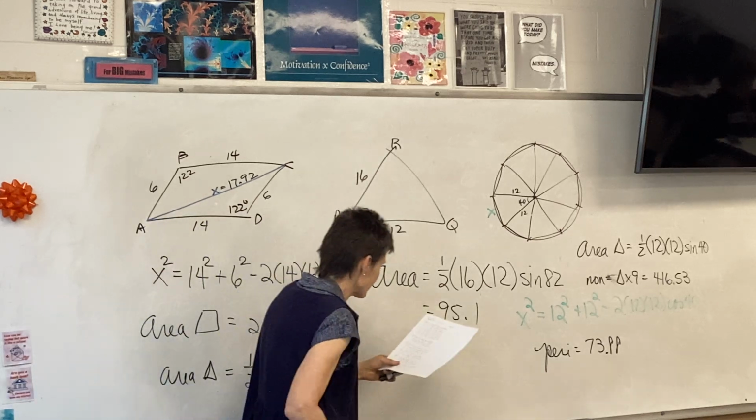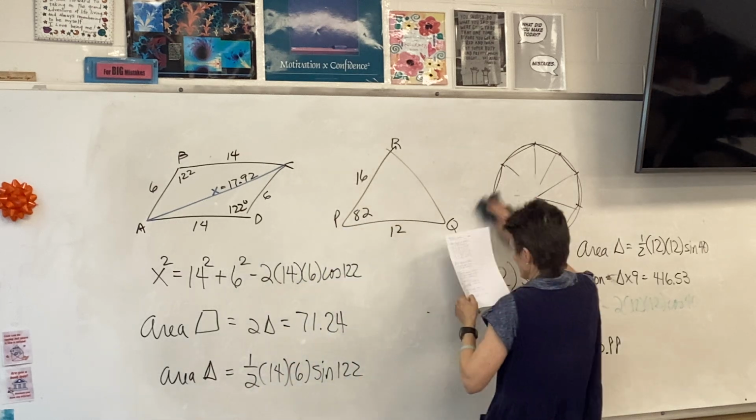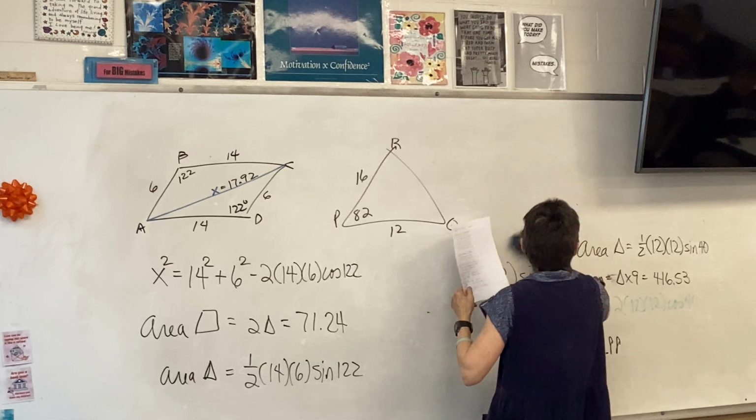Find the largest angle of the triangle with sides of 16, 18, and 20.